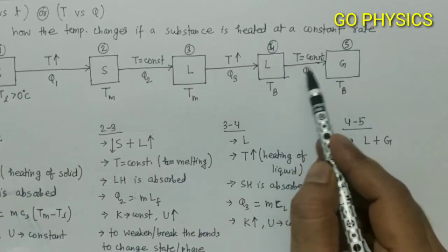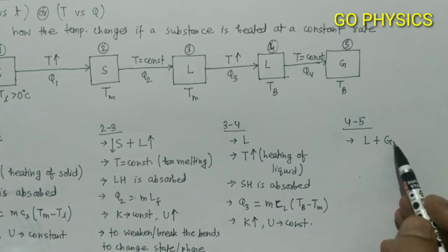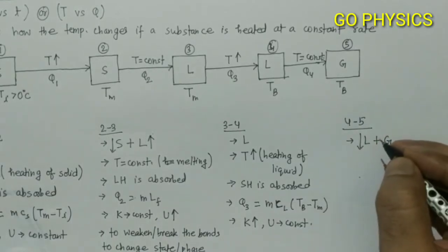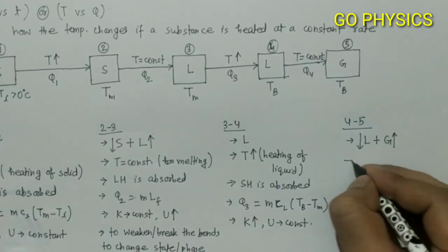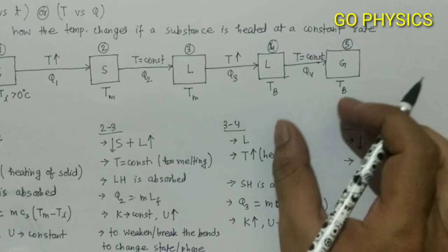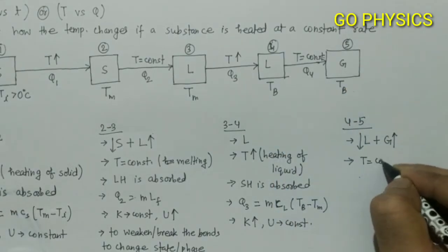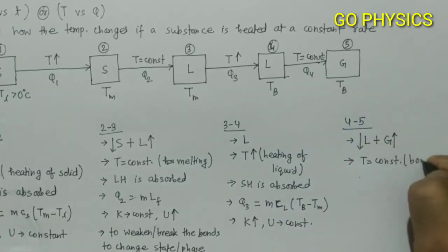At any intermediate state between 4 and 5 we will have liquid and gas both. With the passage of time, quantity of liquid will keep on decreasing and quantity of gas will keep on increasing. Since it is a phase change process, temperature of the system will remain constant, and this is called boiling of the liquid.